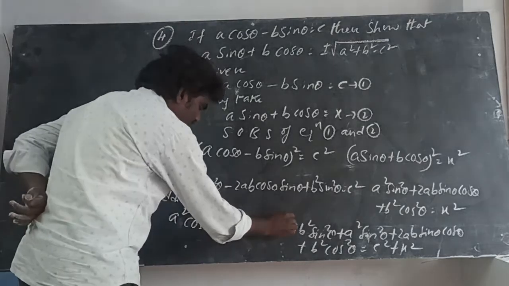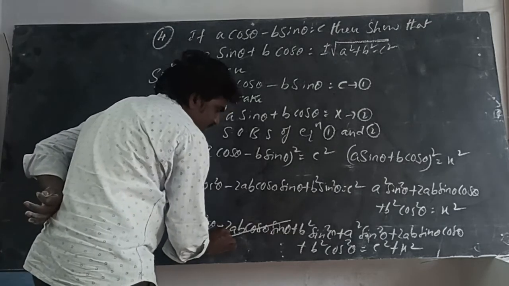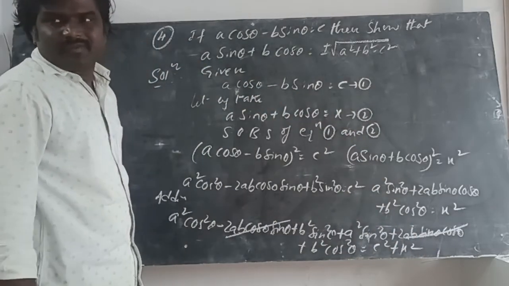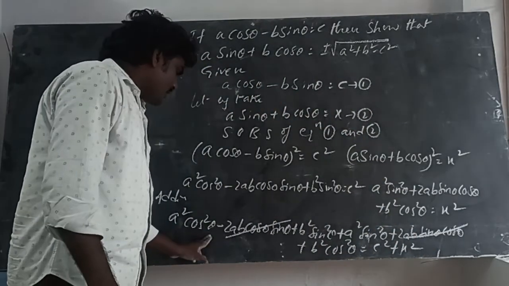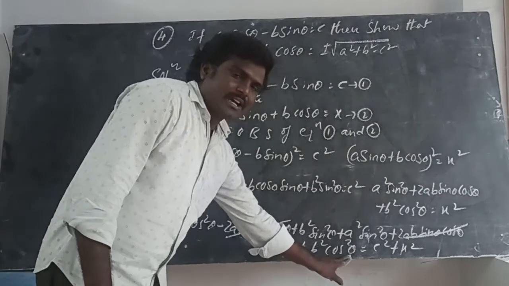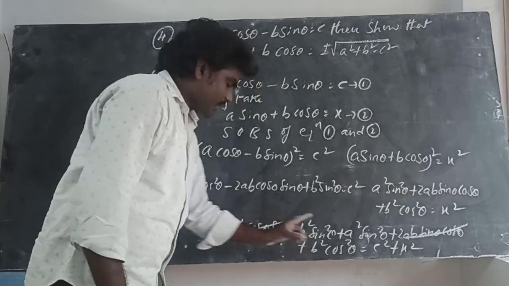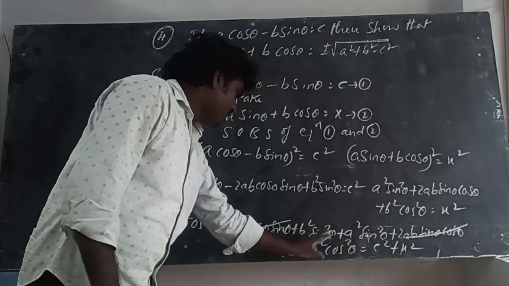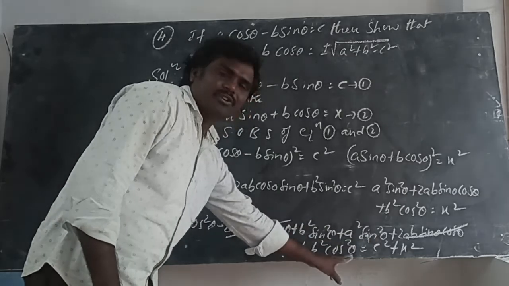Minus 2AB cos theta sin theta and plus 2AB sin theta cos theta cancel. So here A square cos square theta, A square sin square theta, B square sin square theta, and B square cos square theta.